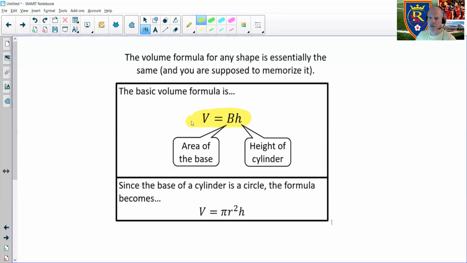Since we're looking at cylinders, we are going to take the area of a circle, because the area of the base is the area of a circle, and the area of a circle is pi r squared. So V equals B times H turns into V equals pi r squared H.